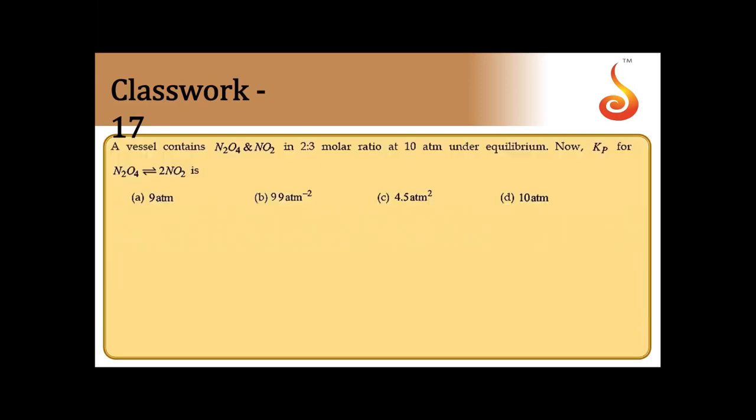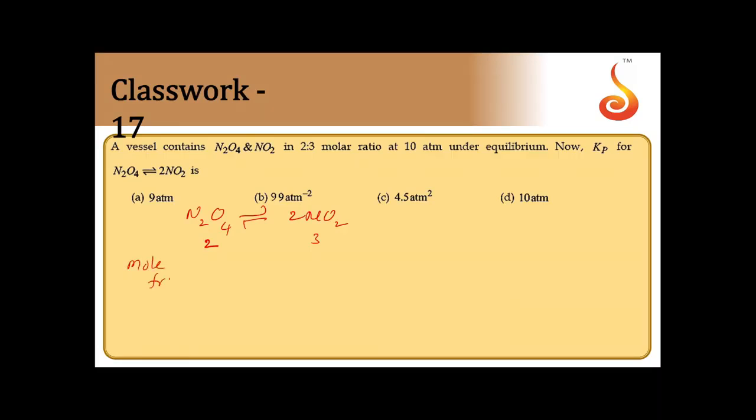So we need to find out the partial pressures. The reaction is N2O4 giving rise to 2NO2. Molar ratio is 2:3, so you can take moles as 2 and 3.